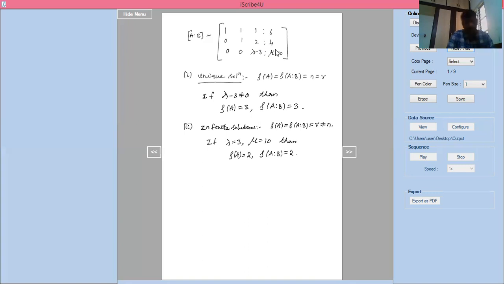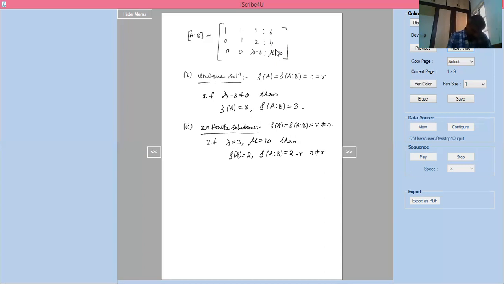Then r is not equal to n here, because the number of variables is 3 and the rank is 2. So this system of equations contains infinite solutions.